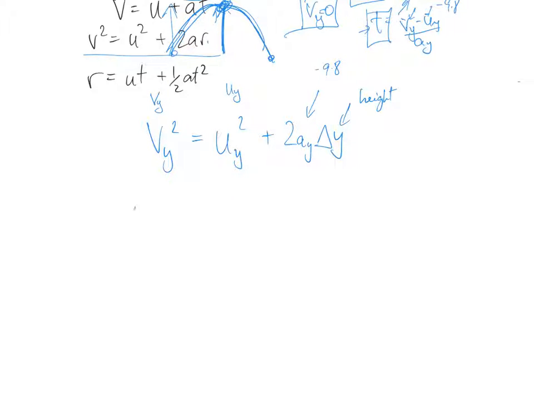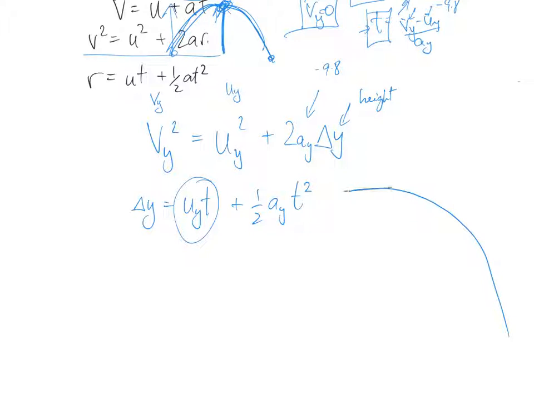And then the last one is a range, and this one's a quadratic equation, but in exams and questions often this part here disappears. If you drop an object and it falls in this direction, the y velocity is 0 usually to start with.